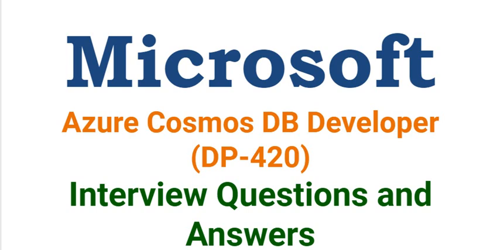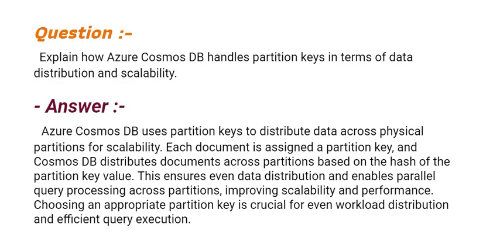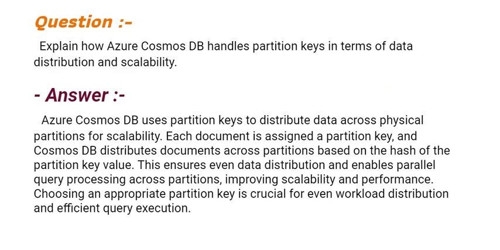Our question is, explain how Azure Cosmos DB handles partition keys in terms of data distribution and scalability. Your answer should be: Azure Cosmos DB uses partition keys to distribute data across physical partitions for scalability.